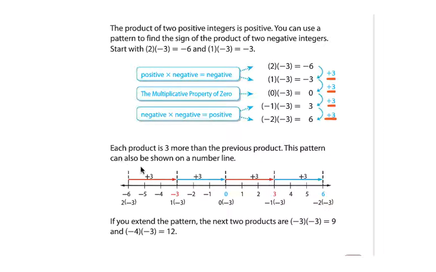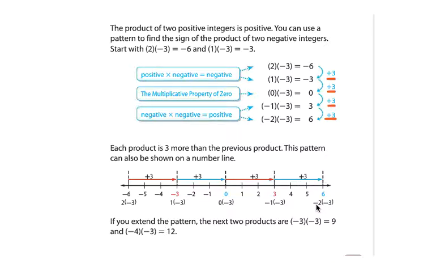This pattern can also be shown on the number line. All right? So starting at negative 6, add 3 to get to negative 3, which is 1 times negative 3. Add 3 to get to 0, which is 0 times negative 3. Add 3 more to get to positive 3, which is negative 1 times negative 3.